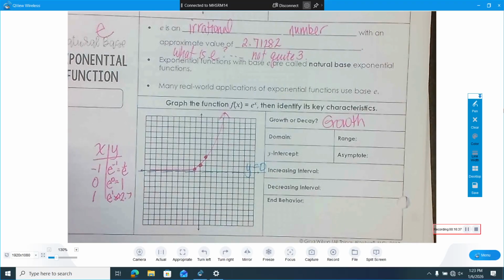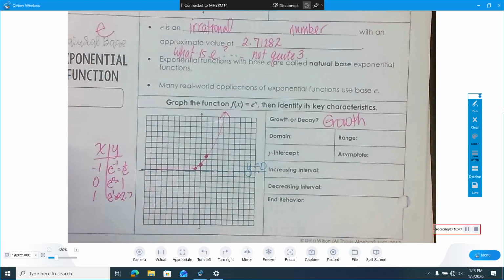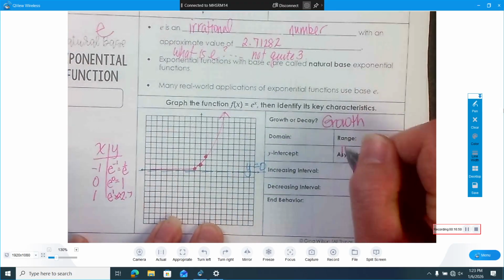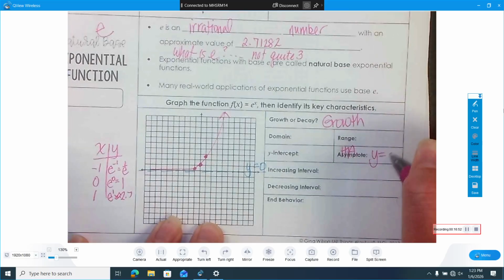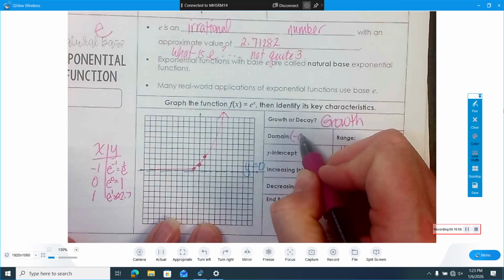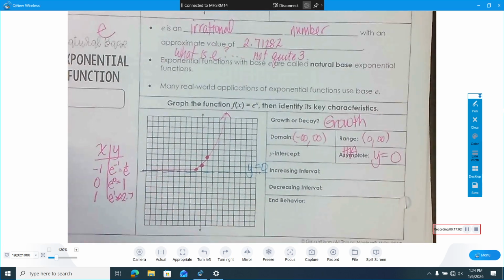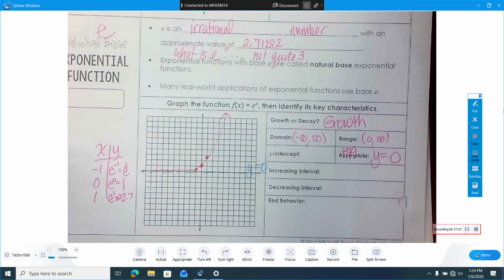If it's between 0 and 1, it's going to decay. e is not quite 3, so it's bigger than 1 and it's going to grow. Our horizontal asymptote is at y equals 0. What's our domain? Negative infinity to positive infinity. What's our range? 0 to infinity. Perfect. So we have these natural base functions that we can graph as well.